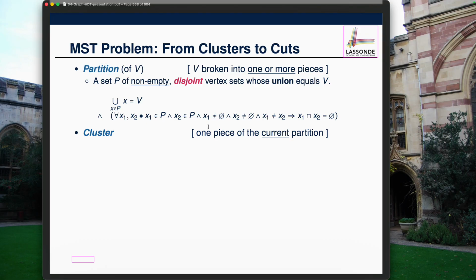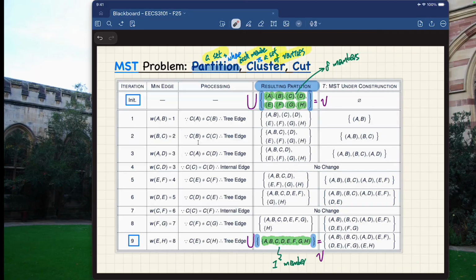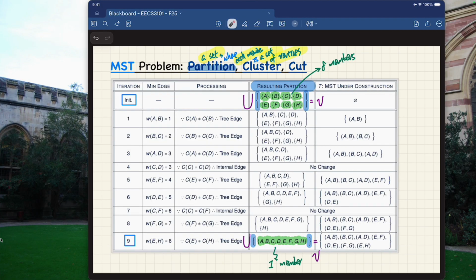So let's now write something down. In each iteration of executing Kruskal's algorithm, we're going to see exactly how it changes. But before that, let's write some definitions quickly. The second definition is about what a cluster is. We somehow already indicated earlier what a cluster is, just without mentioning its name.